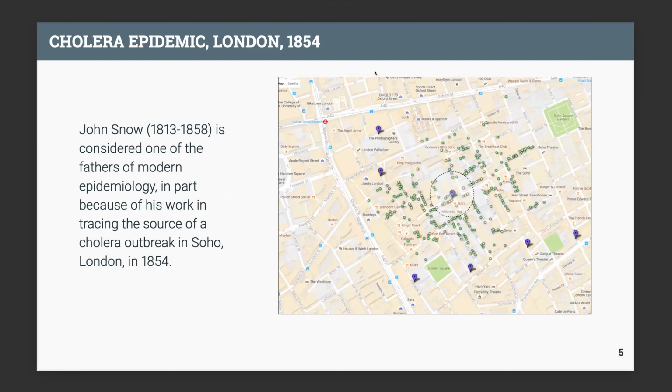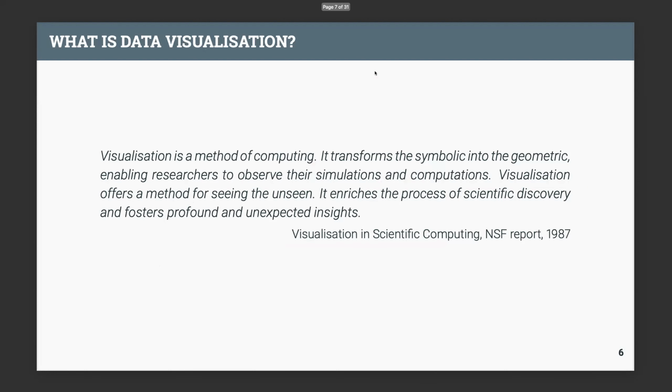Here the deaths are the small yellow discs, and the blue pins are the wells at that time. What you can see immediately is that at the center of all the deaths you have a specific well, and this was the well that was infected. Again, it's one of the first cases where visualization alone was used to find the information.